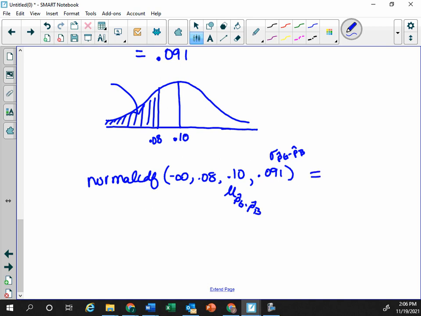All right, guys, so try keying that in. Let's see what we get. You guys remember where normal CDF is? Distribution menu, so second vars. See it?